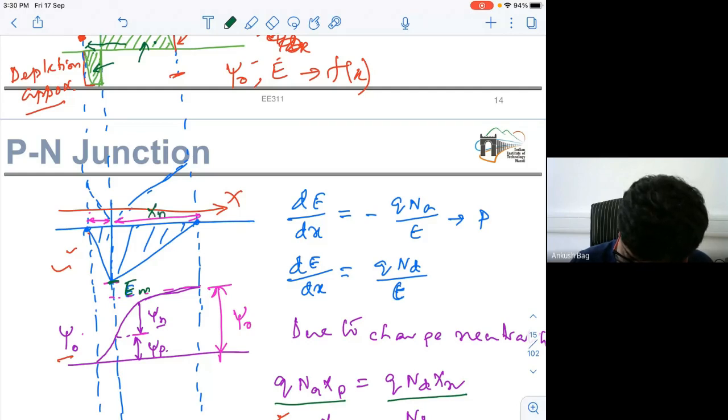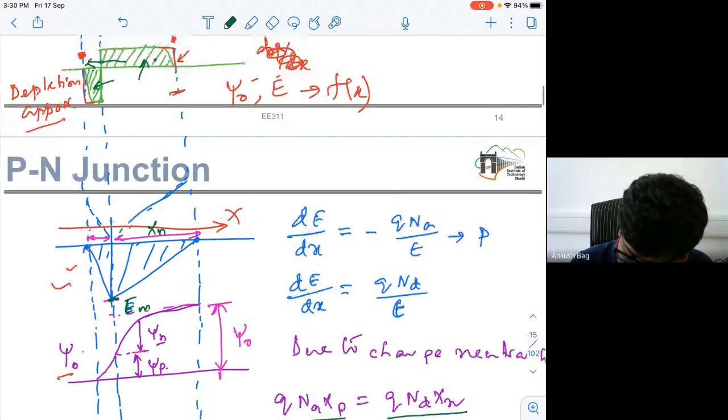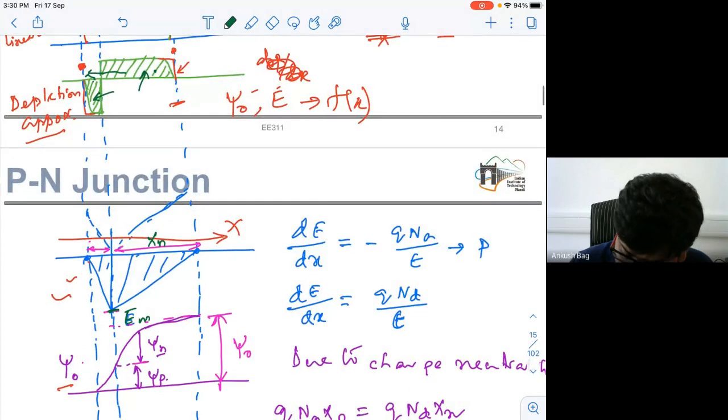So this Em xn is again nothing but your Poisson equation. So Em xn is equal to the charge inside, and this charge is obviously q Nd, divided by this epsilon.